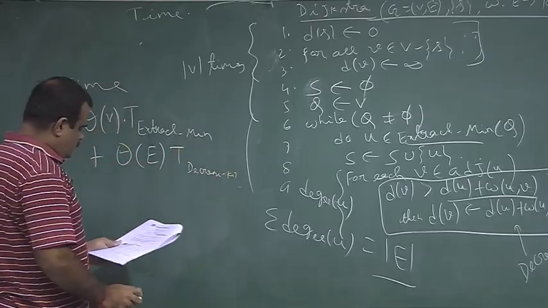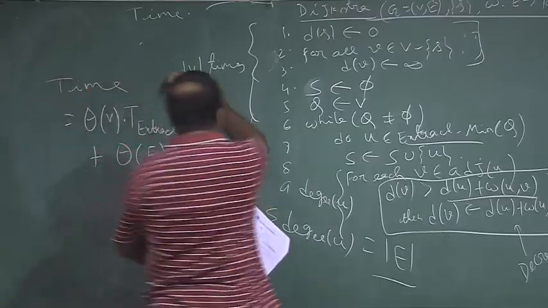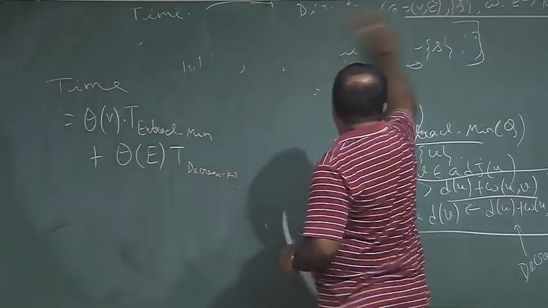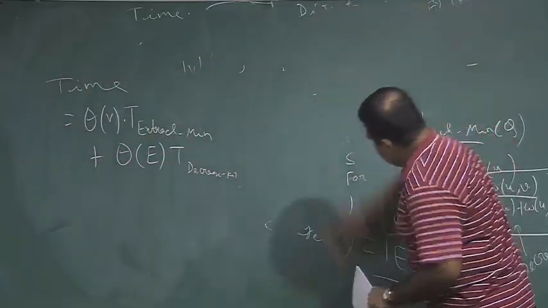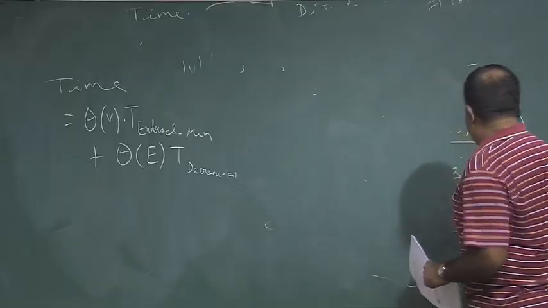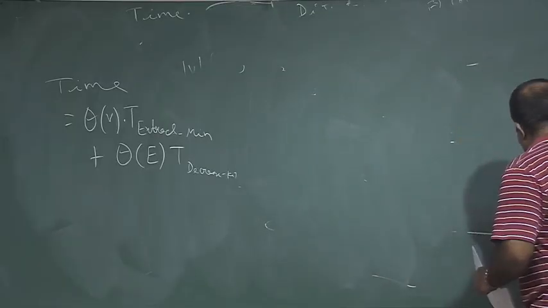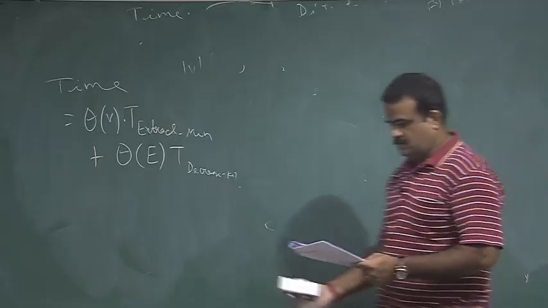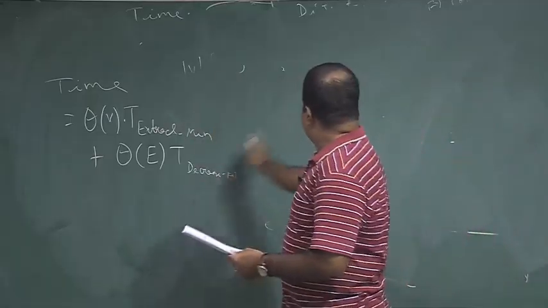Okay. Depending on which data structure we use for our priority queue, the time will depend on that. So, let us just write that. This is the runtime.